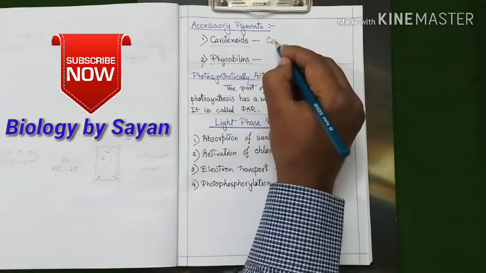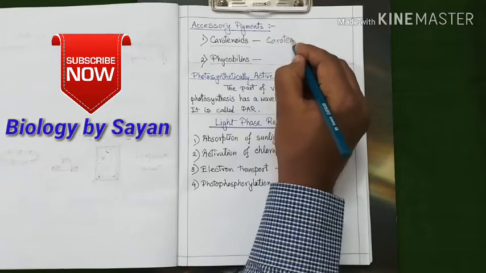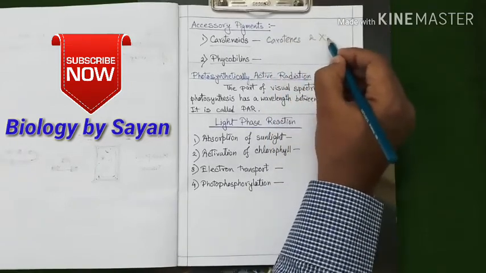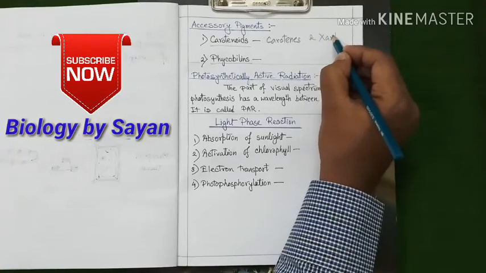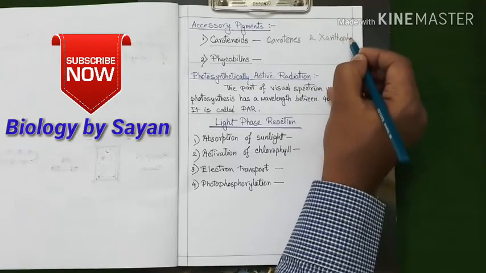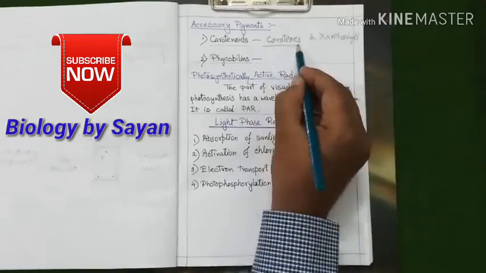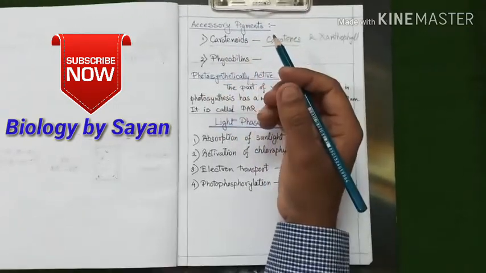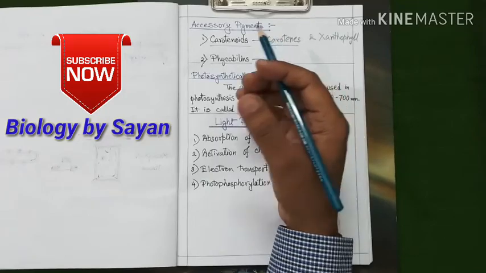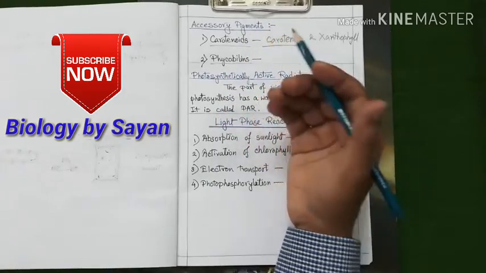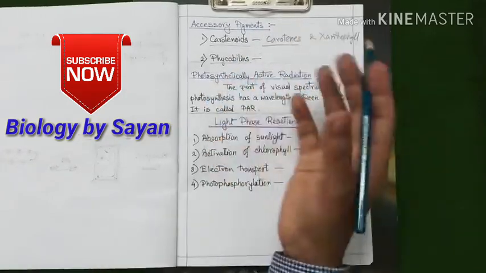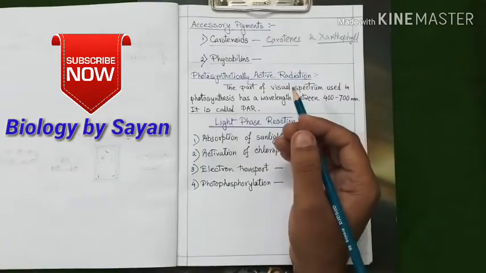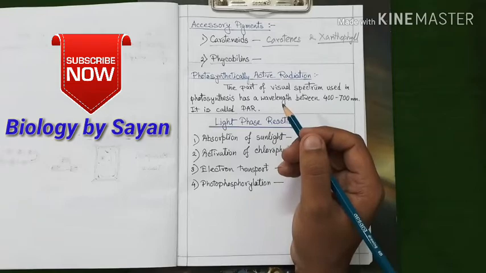These are carotenes, the orange colored pigment, and xanthophyll, another yellow colored pigment. Carotenes generally help in light harvesting, protect chlorophyll from photooxidation, and provide coloration to fruits, flowers, etc. And xanthophyll helps in dissipation of excess amounts of energy from plants.